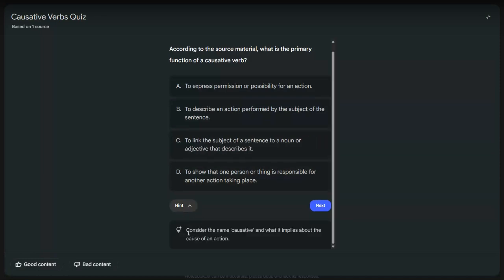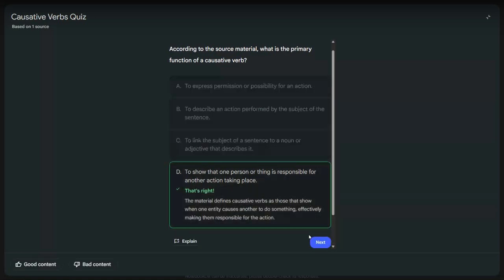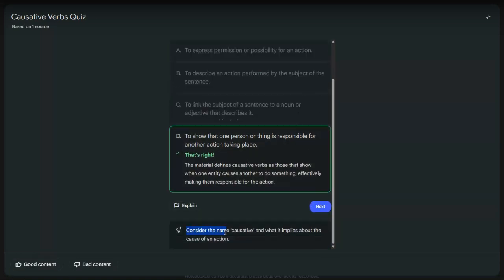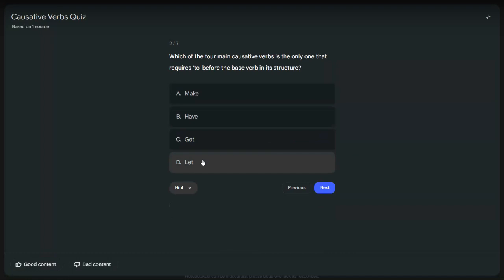The hint was to consider the name causative, which implies the cause of an action. So D was the right option. That means a causative verb is to cause something to happen or make someone do something.